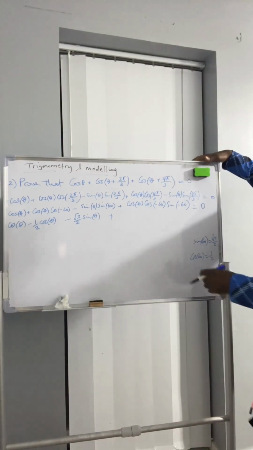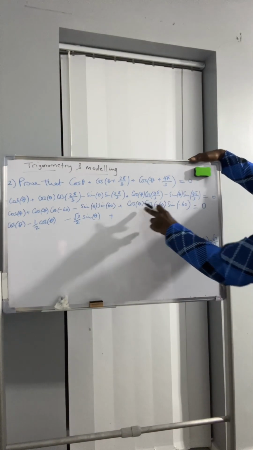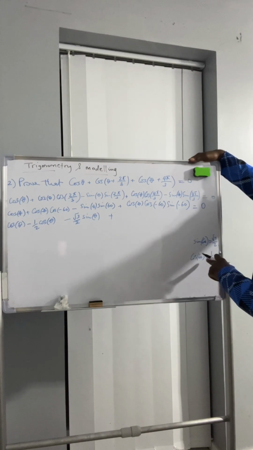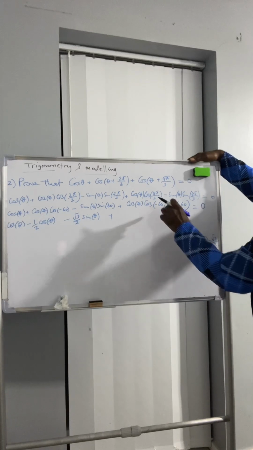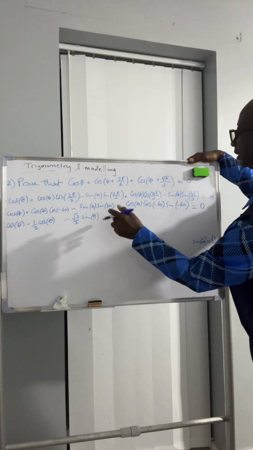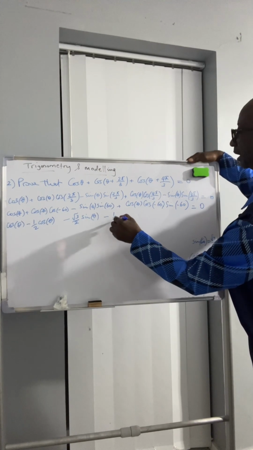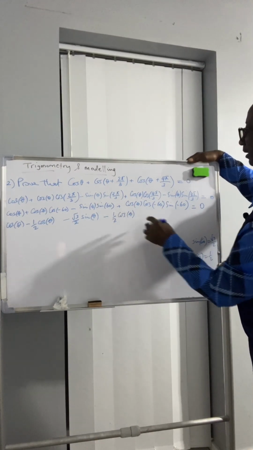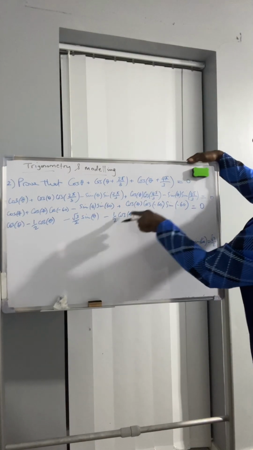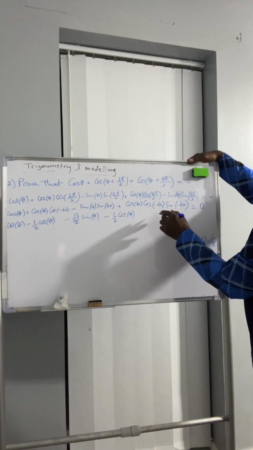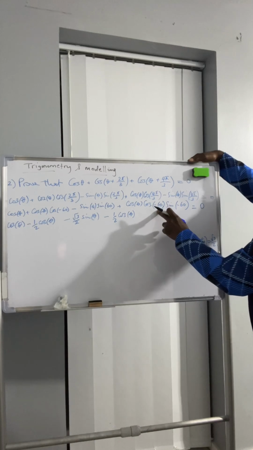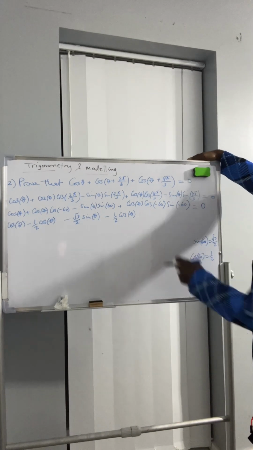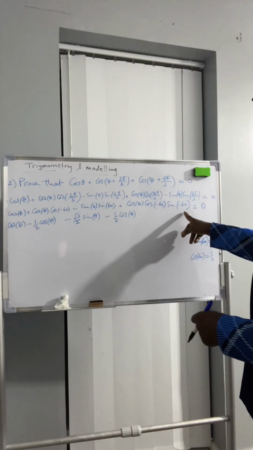And let's come to this one, cos theta, and again we'll come back to minus cos 60. And cos 60, we already said 1/2. So because of the minus, this is going to be minus 1/2 cosine of theta. This cos theta will still have it. Wait, something went wrong here.